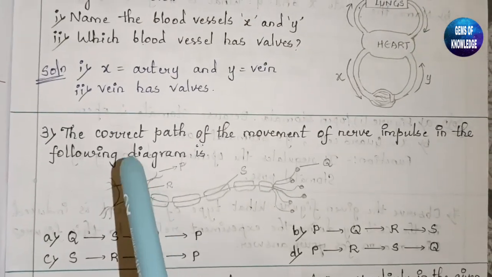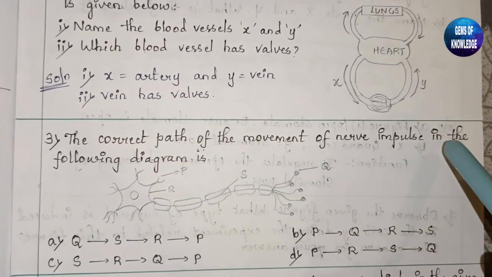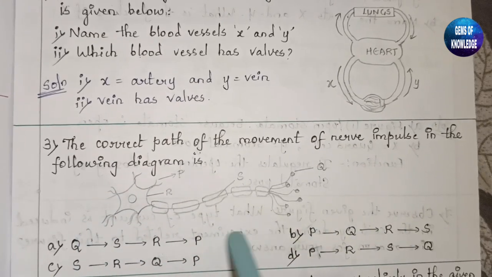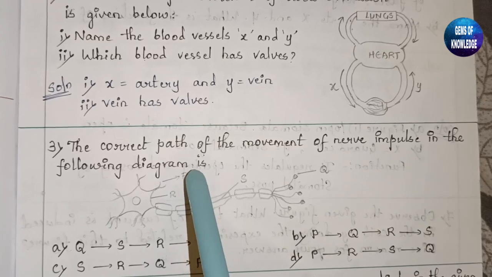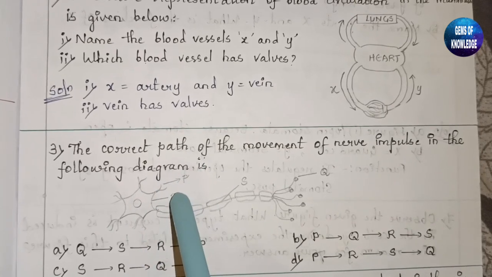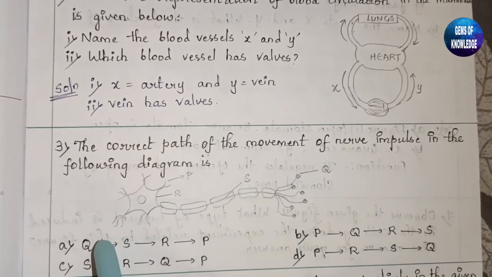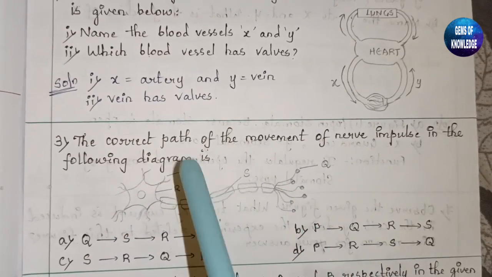Next comes: the correct path of the movement of the nerve impulse in the following diagram is. This is a picture of a neuron, marked as P, R, S, and the last part Q. We have to mark how the nerve impulse is circulated.